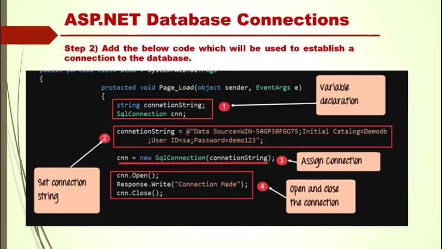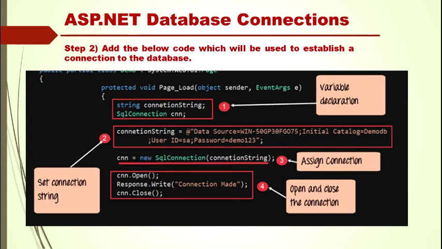Now the next thing, assign the connection: cnn equal to new SqlConnection of connectionString. So here we have to assign the connection to cnn. Then next, open and close the connection. cnn.Open function, the connection will be opened. Then Response.Write, connection made.